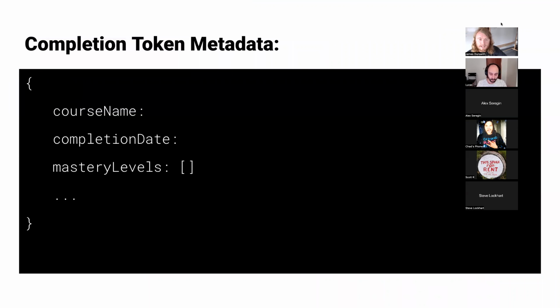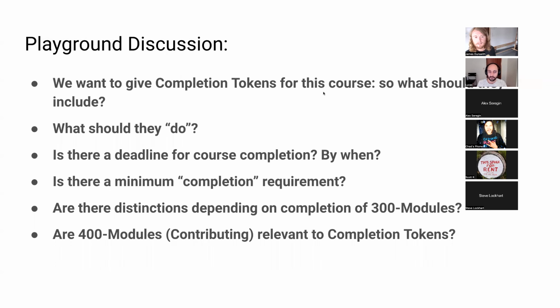So this is our task today. We want to build these completion tokens. This is a project of the current PPBL course, but I know there's a lot of people in this meeting right now who have thought a lot about, hey, what data do we need? And maybe it's metadata, but maybe it's more than metadata. There's other questions too.